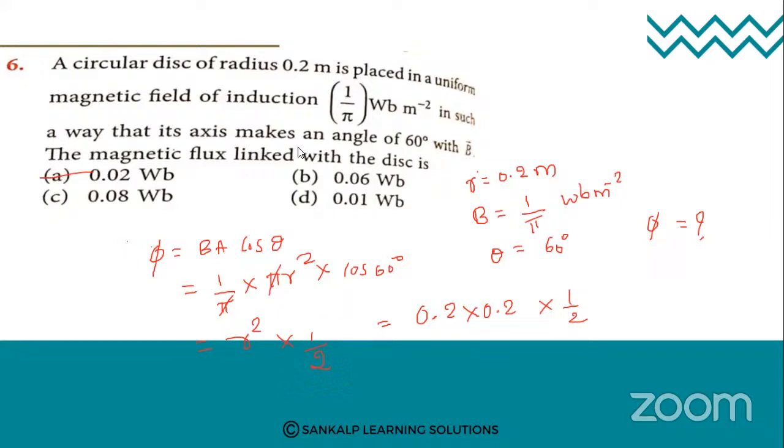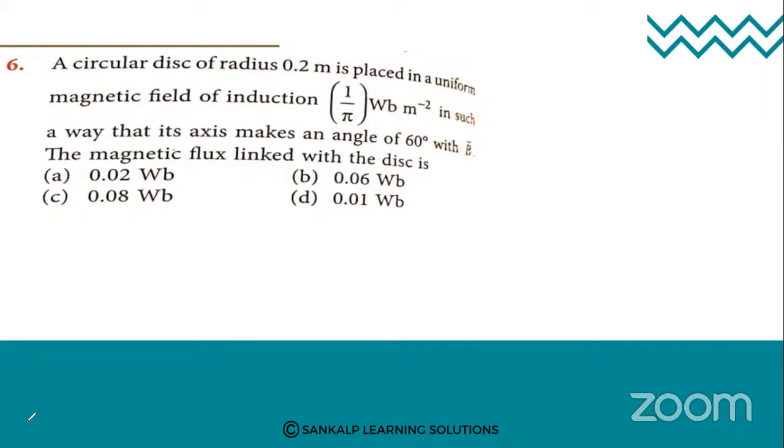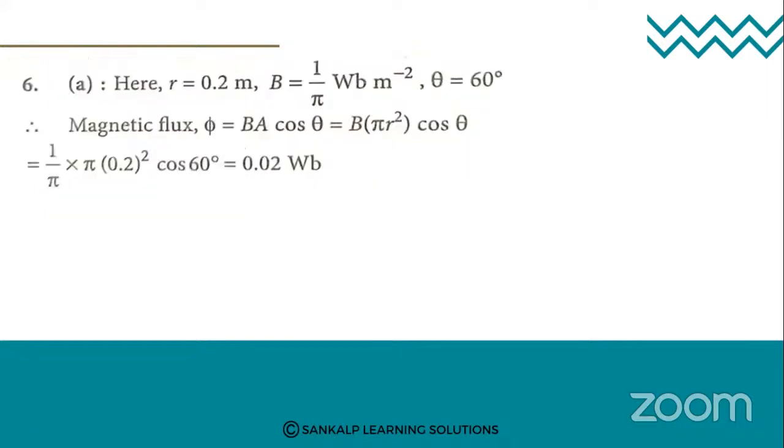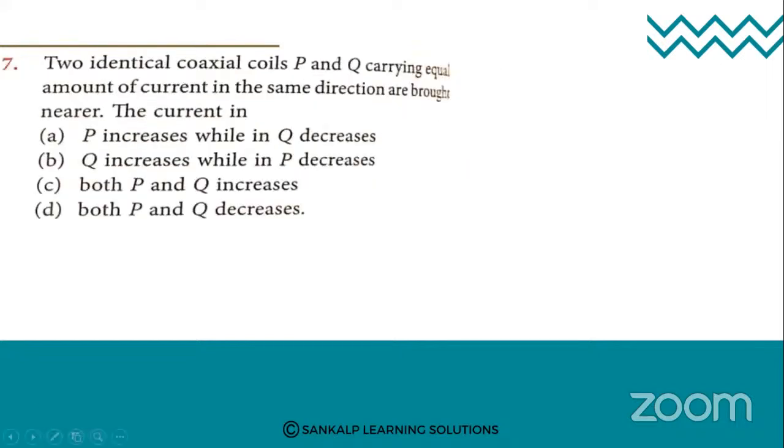Okay, going for the next question. See the next question. Two identical coaxial coils P and Q carrying equal amount of current in the same direction are brought nearer. So understand the question here.